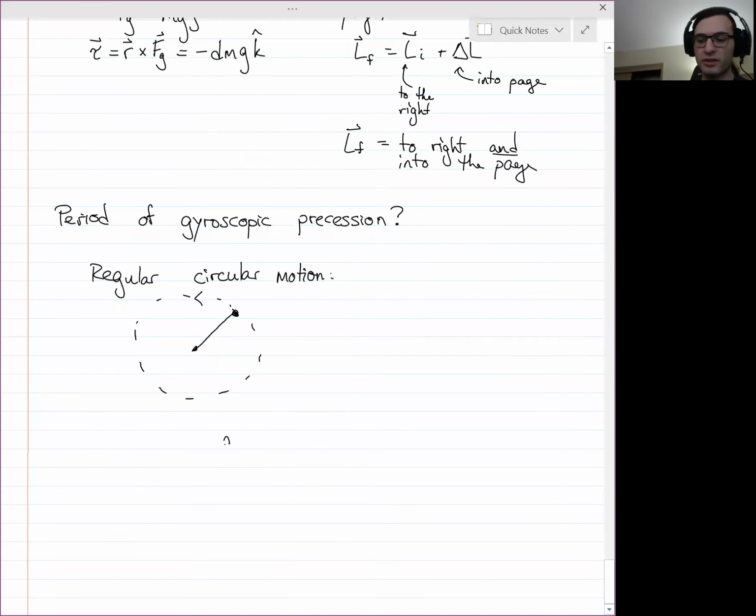So our object at that point in time has momentum that's pointing that way, and the force that's pointing inward. Because the momentum, P, is perpendicular to F, we get circular motion. And another way of phrasing this is because the velocity is perpendicular to the acceleration.